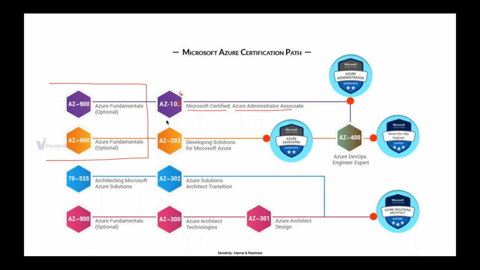If you are on a development path, let's take an example, I'm from a development background and I'm looking at developing solutions in Microsoft Azure, then your content will be AZ204. AZ204 is course content that covers developing solutions in Microsoft Azure. So if you're looking at development, this is the right track, 204. And if you're interested in learning Azure DevOps, how you can build your DevOps services in Azure, one way is you can do AZ104 plus AZ400 or AZ204 plus AZ400.